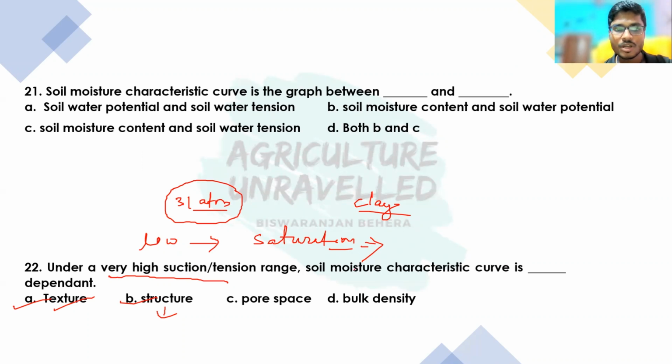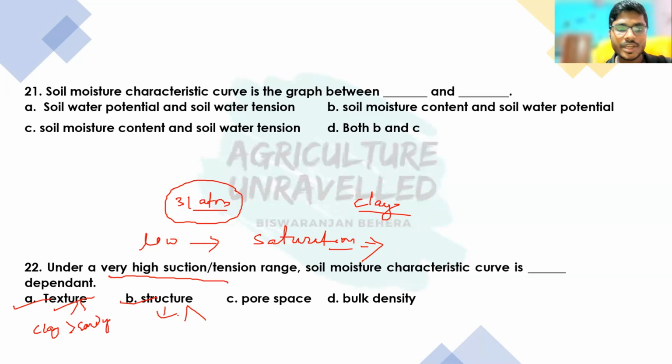So it is simple. If it is about high suction or tension range, the correct answer is soil texture, and if it is low suction or tension range, then the correct answer is soil structure, especially in case of compacted and uncompacted soil. In case of soil texture, clay soil has more water content than the sandy soil.